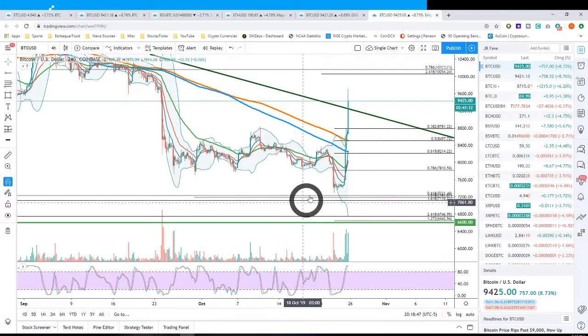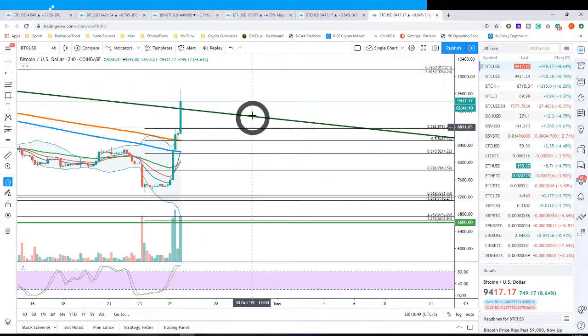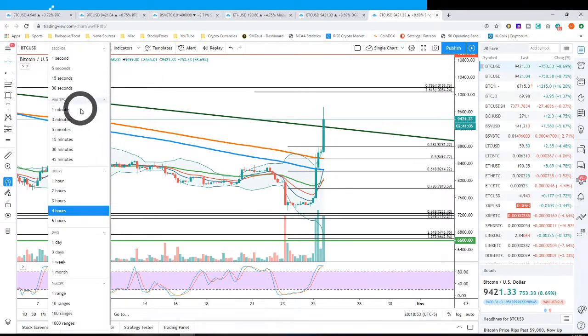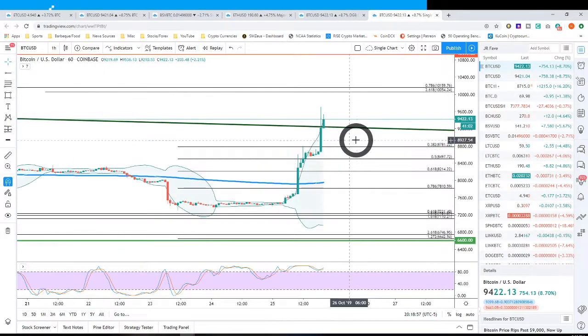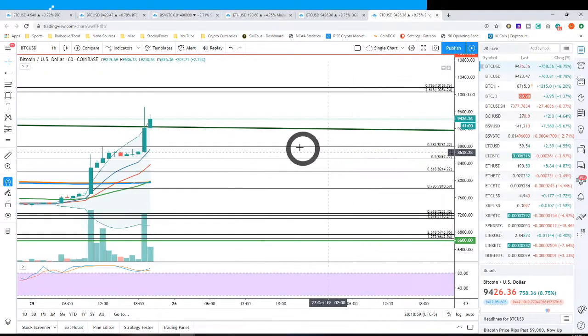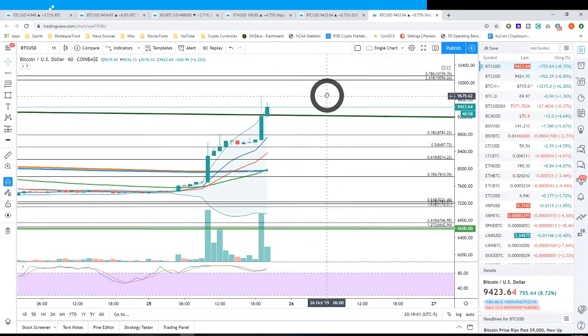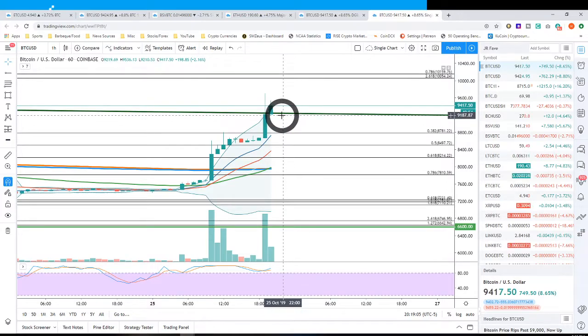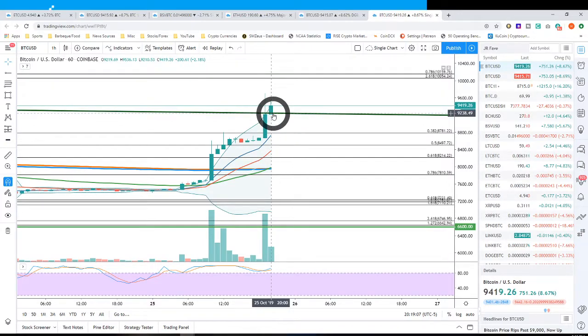Anyway. All right, that was the 4-hour chart. Let's go over and look at the 1-hour chart and see what's going on there. Still firmly holding above the trend line for now, right?